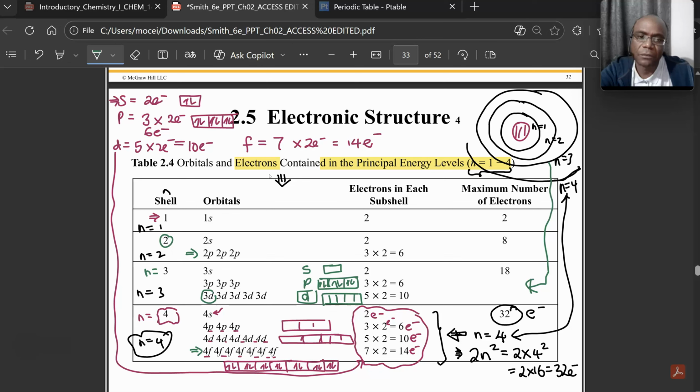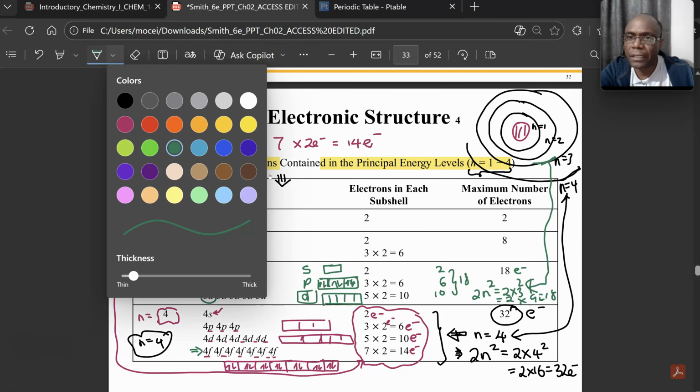And each of those will have 2 electrons, as I showed in the P. So if you count them, it will be 2 plus 6 plus 10. That's going to sum up to 18. Shortcut, 2n squared is 2 times 3 squared. It's like saying 2 times 9, and that is 18. Those 18 electrons are found on this third shell.